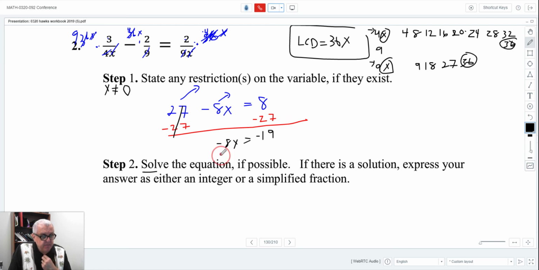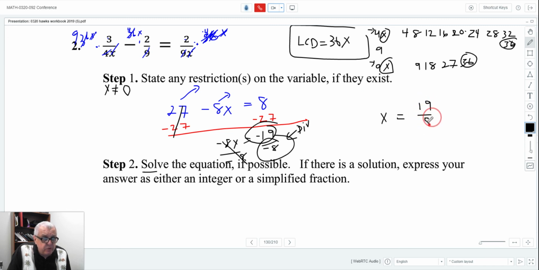I'm now going to divide by negative 8. The negative 8's cancel, and I'm left with x equals, negative divided by a negative is a positive, 19 over 8. Don't use a decimal answer. Keep it as a fraction. It doesn't reduce, so we're done.